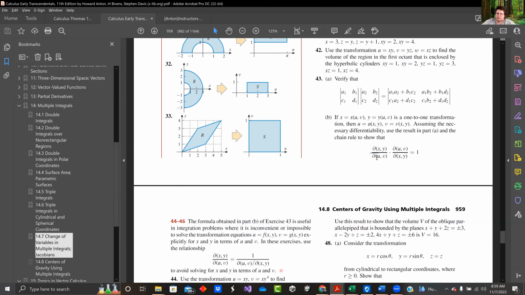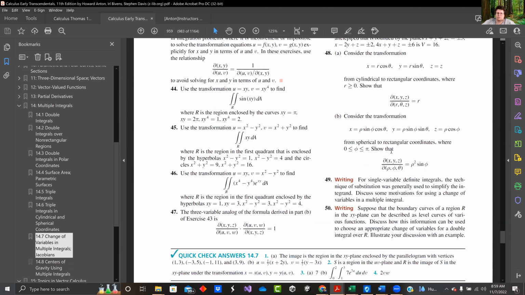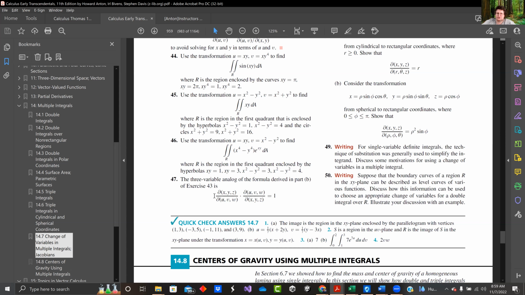We saw that it worked on two components, but one of the problems in the homework is to show that it works for three components. So you can do the Jacobian in either format, starting with UVW. You just have to remember one is the inverse of the other, and the one you're looking for is the one on the left. So starting with X and ending with UV, partials with U, V, and W. That's the one you want.